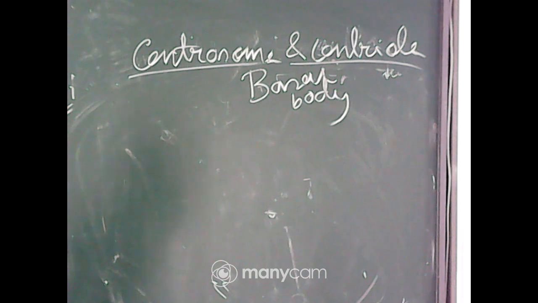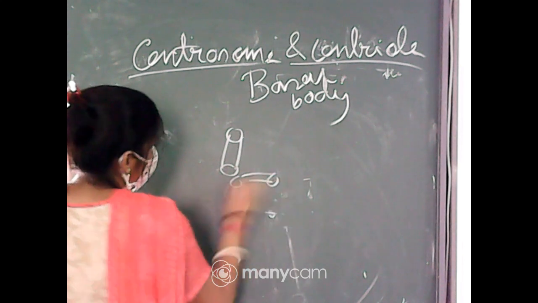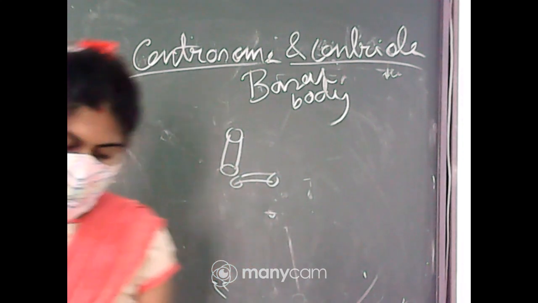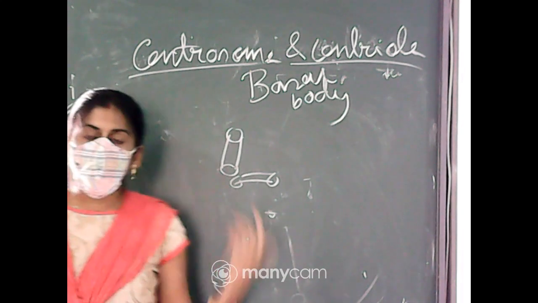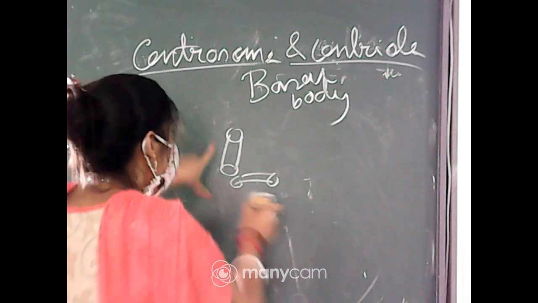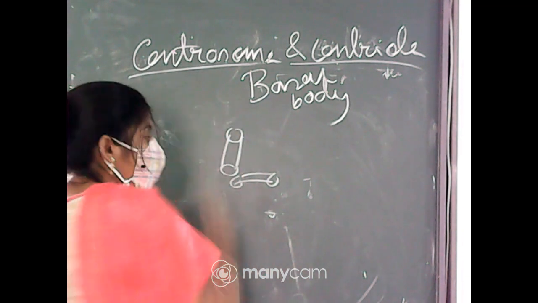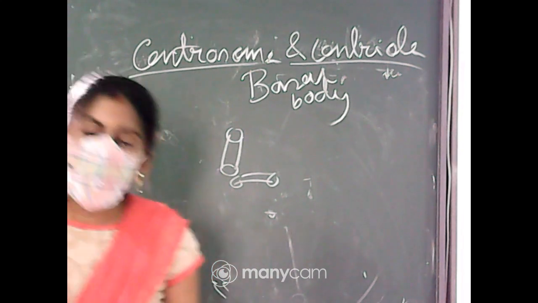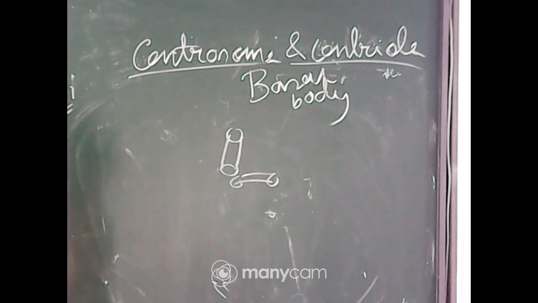Now if I consider the ultrastructure, the centrosome is an organelle containing two cylindrical structures. These two structures are called centrioles, and together they are called the centrosome.